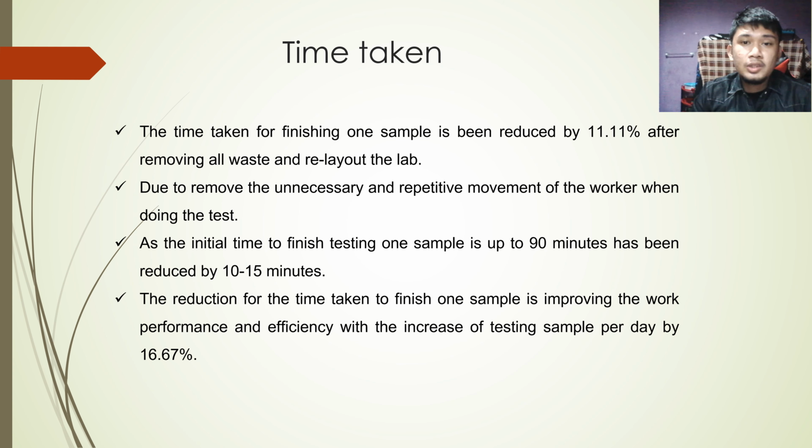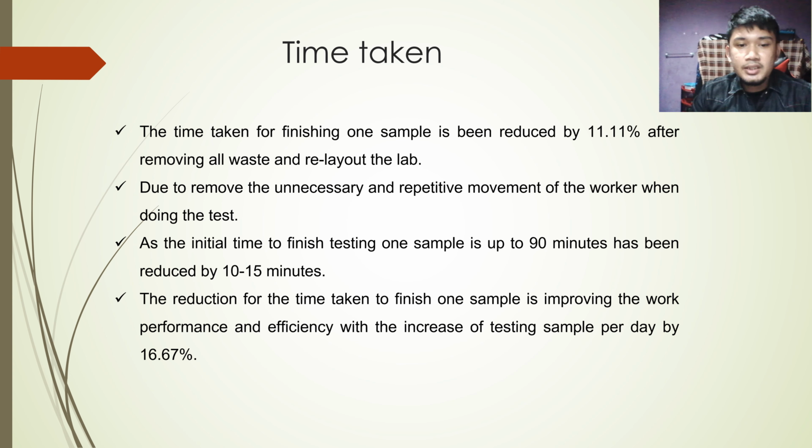For the last one, to conclude the findings, is shown by the time taken. The time taken for finishing one sample is reduced by 11.11% after removing all waste and re-laying out the lab, due to removing the unnecessary and repetitive movement of the worker when doing their test.